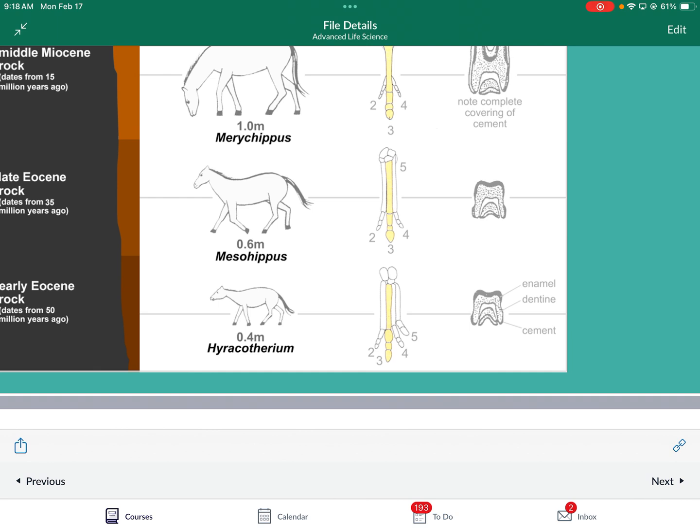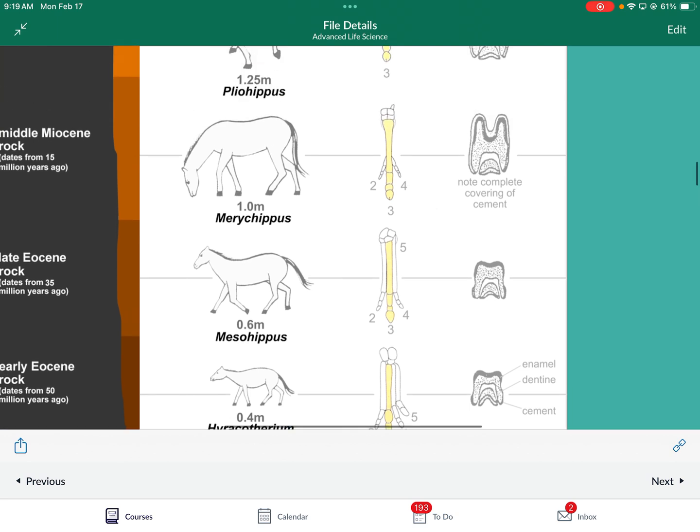So the heavier the enamel, the more durable the teeth are, right? Then you've got some changes in the skull size. Look at how the head is becoming larger. The hooves are changing. Now we've got one of the protrusions, the finger-like protrusions, retreating in this species.